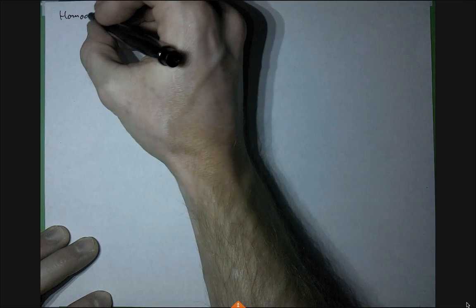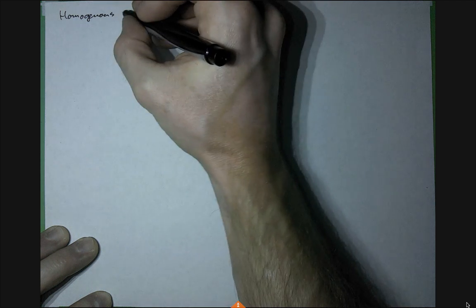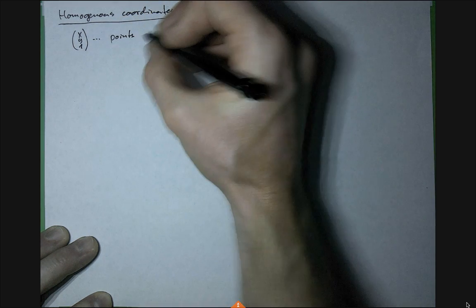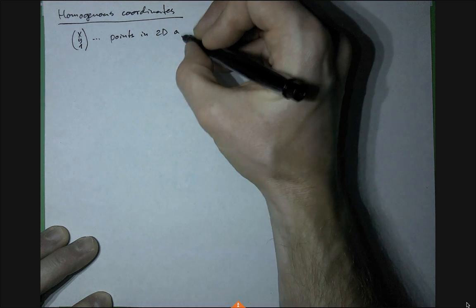So let's explain that. Okay, so let's bring homogeneous coordinates into the picture. Let me review real quickly that we said that x, y, and 1, if we are in 2D, basically represents points in 2D affine space.